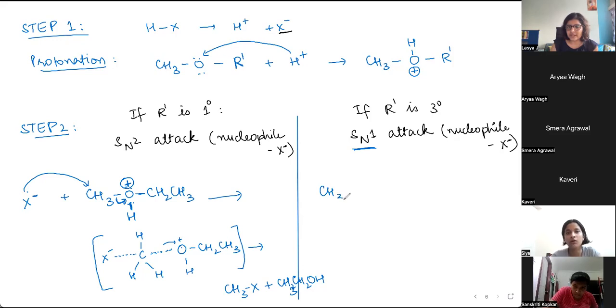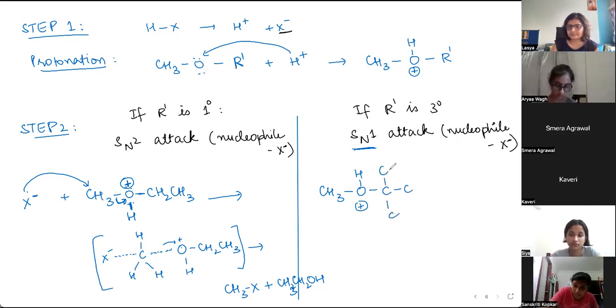So we are starting off with this. We have CH3OH with a positive charge, and here the tertiary group is there. So it's easier for the carbocation to form. So this bond breaks first.